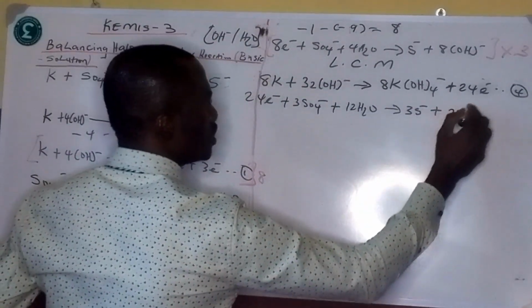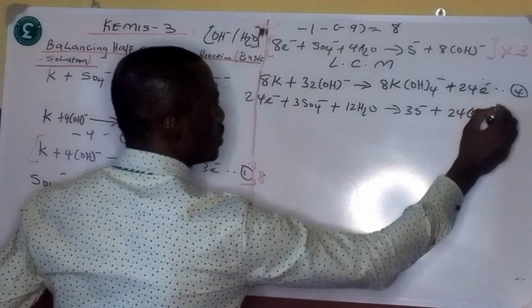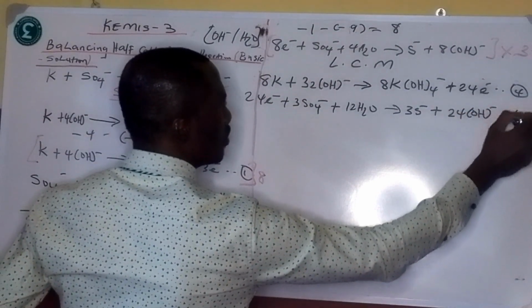So I have 24 hydroxyl. Let's call this equation 5.